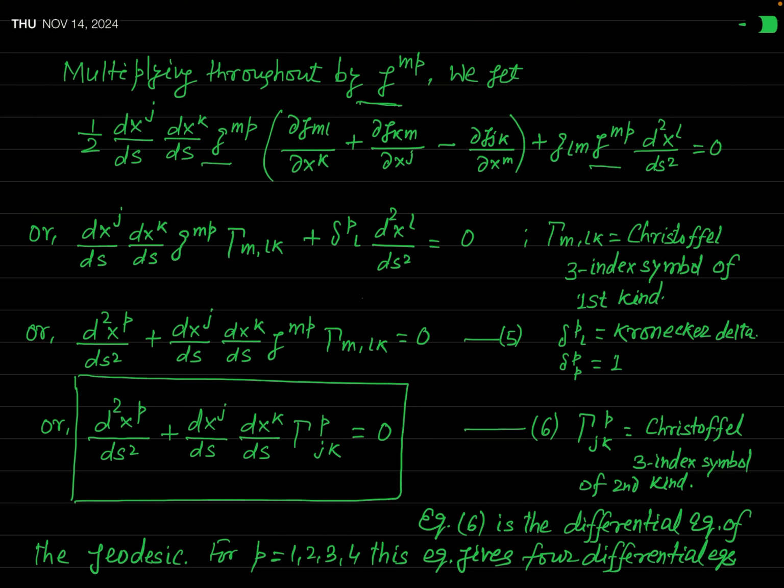But you know, we have already seen in my lecture on the Christoffel three-index symbol in the previous video, and you have learned that 1/2 times this expression inside the bracket is actually equal to the Christoffel symbol of the first kind, denoted by gamma m comma lk.